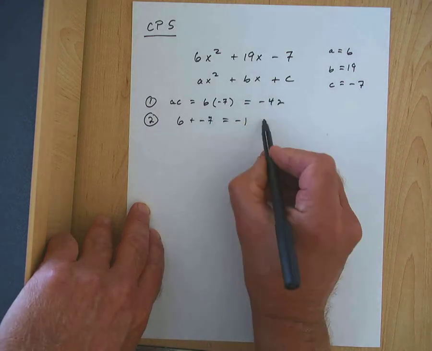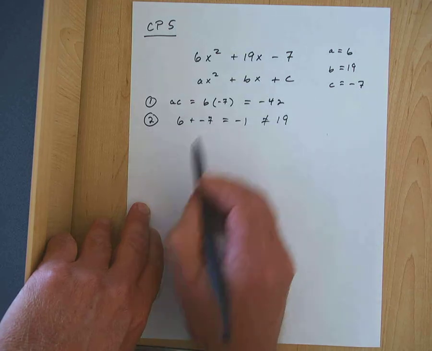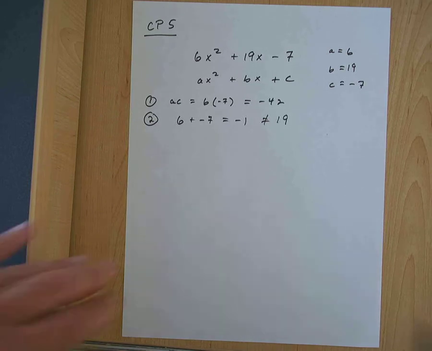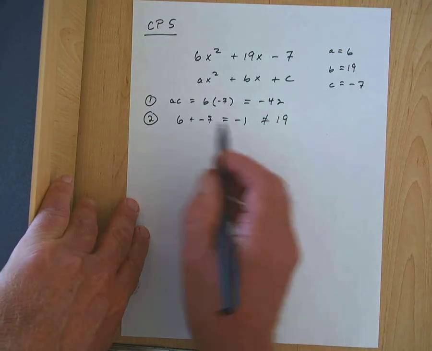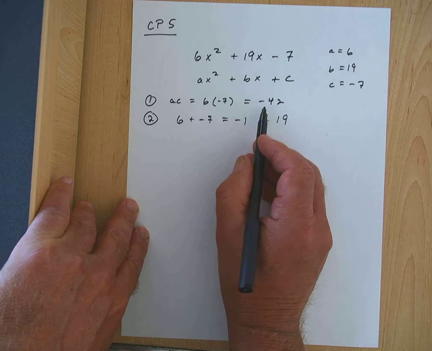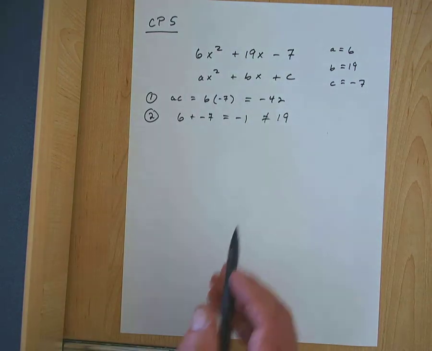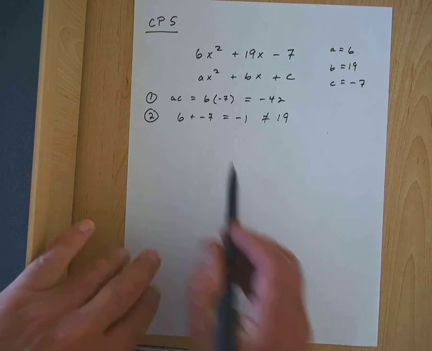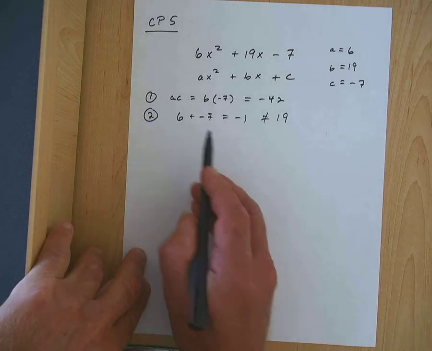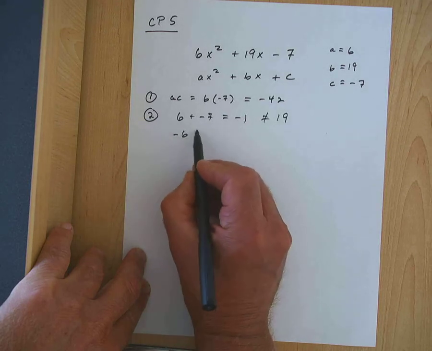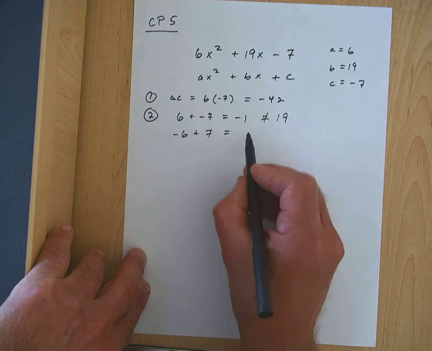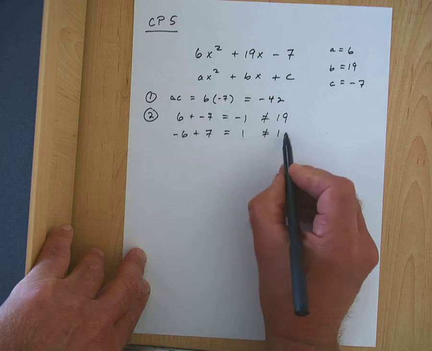Okay, that's not equal to 19, so we're not going to use that pair. When you find a pair, I would consider switching the signs around. You could use two positives to give a positive, or multiply two negatives to give a positive. In this case, let's try switching the signs. -6 and 7. -6 times 7 is also -42. But when we add those, you see you get +1, which is also not equal to 19.